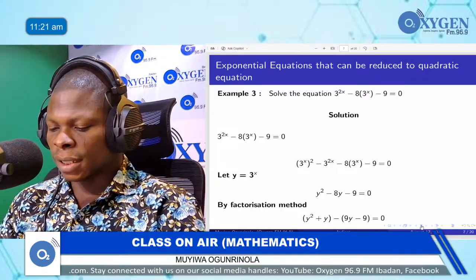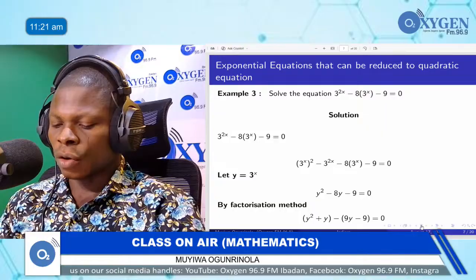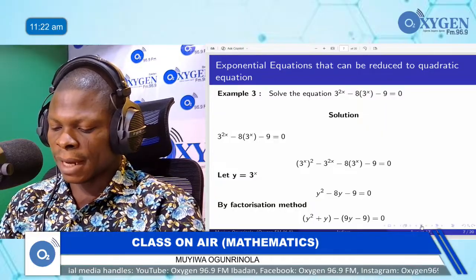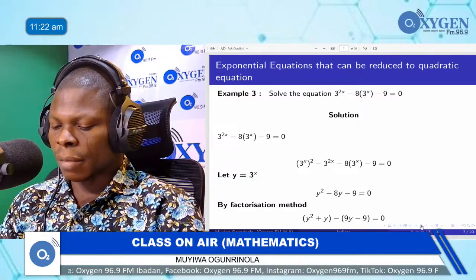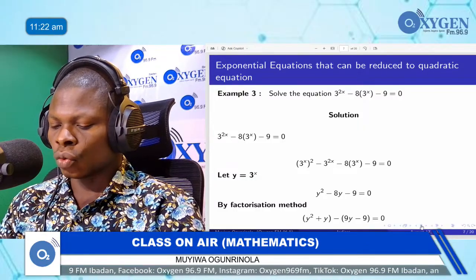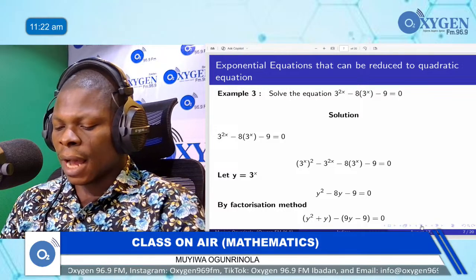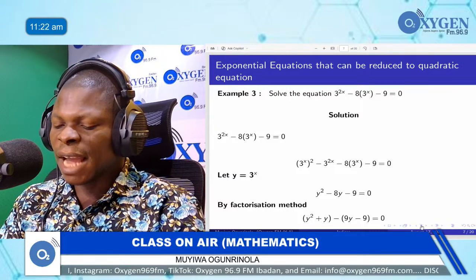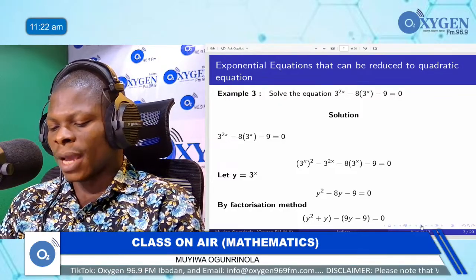I take the question again. 3 raised to power 2x minus 8 open bracket 3 raised to power x close the bracket minus 9 equal to 0. Now, if we look at this equation, inside the bracket we have 3 raised to power x.